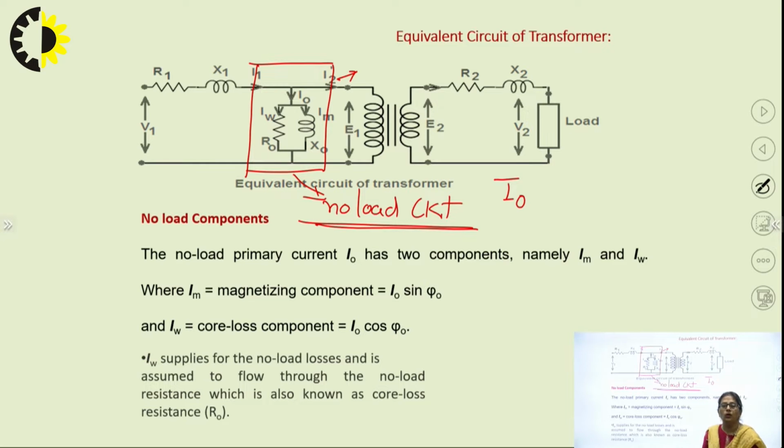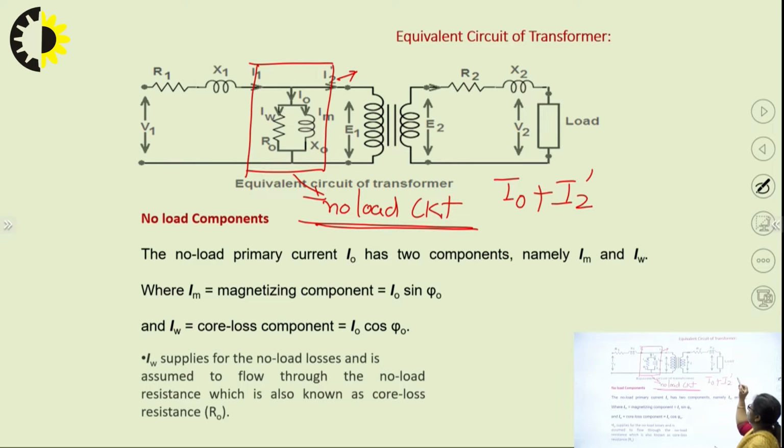But when it is loaded, because of the demagnetizing MMF produced, the transformer produces its own further flux and also the current to overcome this demagnetizing MMF. While doing so, the transformer derives an extra current from the supply, which I call I2 dash, to make over with the required load demand.